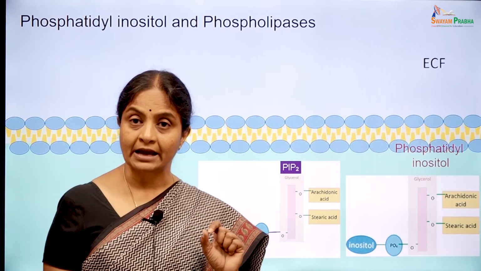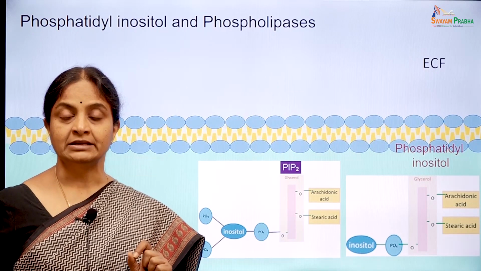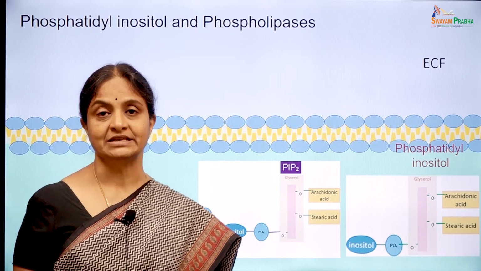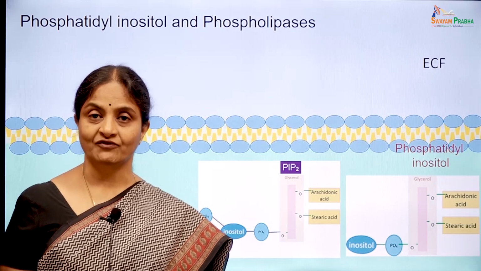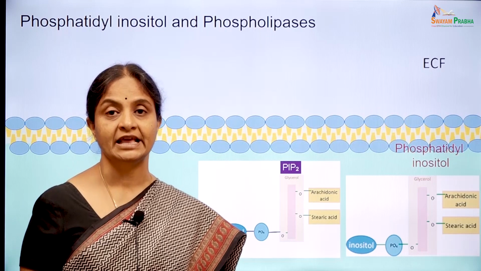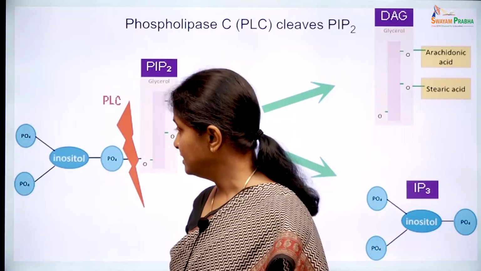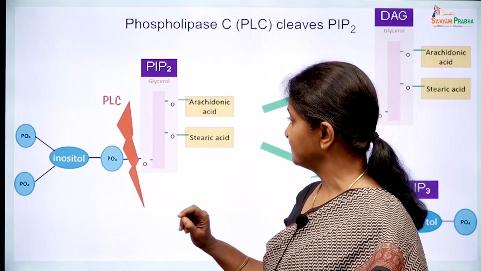Phosphoinositides can be acted upon by some enzymes also found in the cell membrane. These enzymes are called phospholipases. There are 2 important phospholipases, phospholipase C and phospholipase A2. Phospholipase C would act at this point.